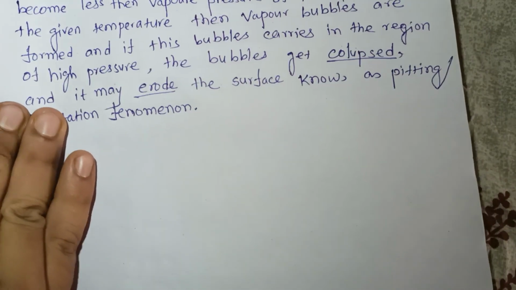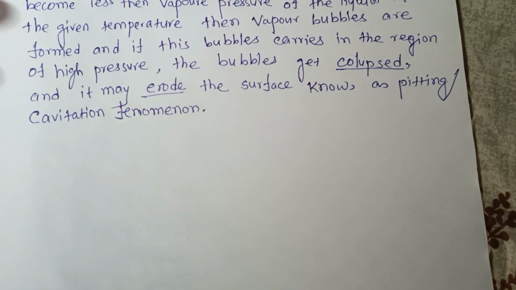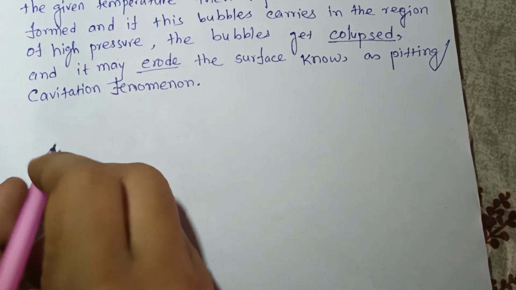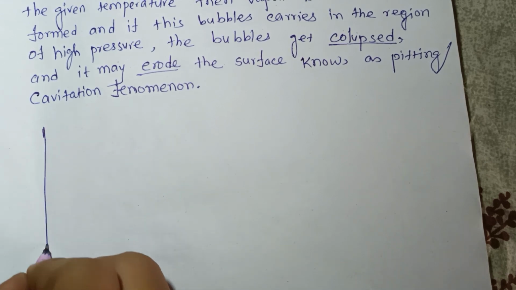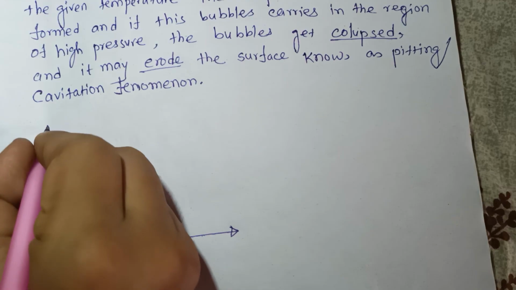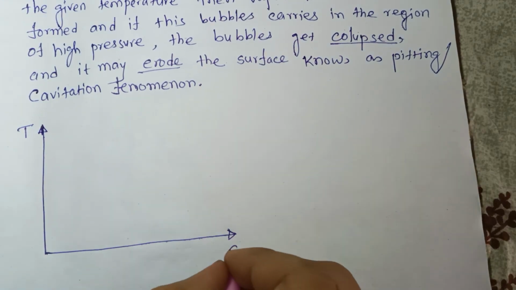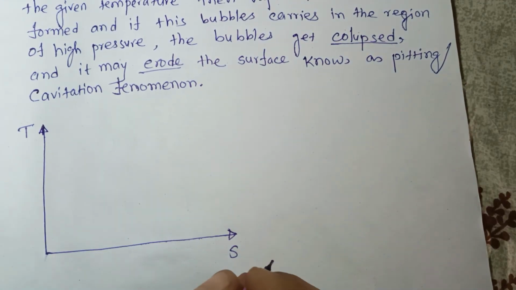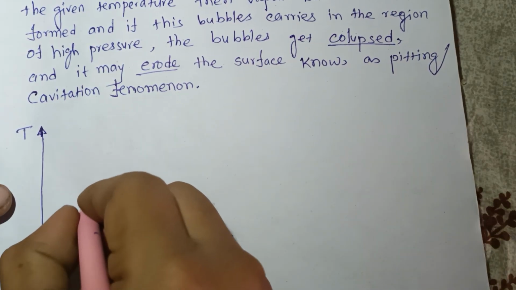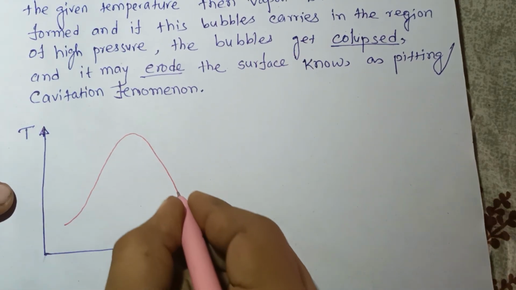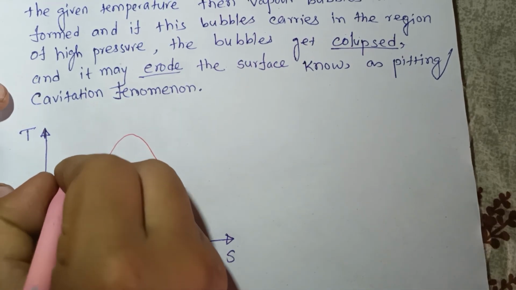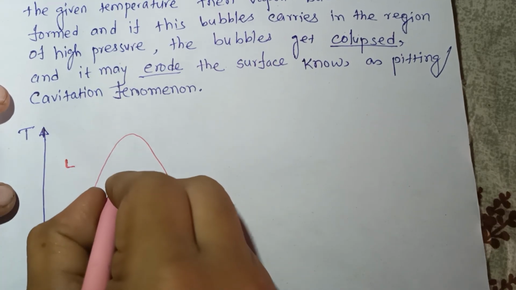Now if we see the TS diagram, this is the TS diagram here. T is the temperature, S is the entropy. So there will be the vapor dome. This is the vapor dome here, and this is the liquid here. In that zone there is a liquid plus vapor.